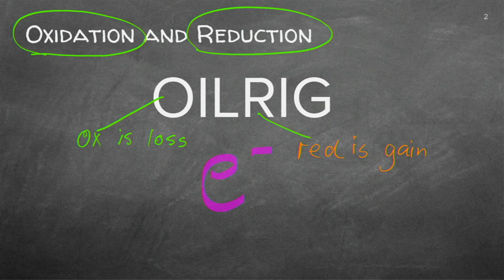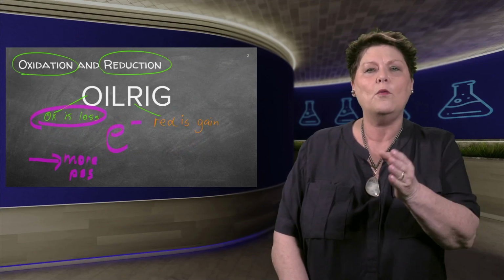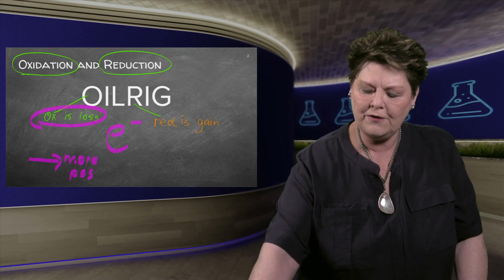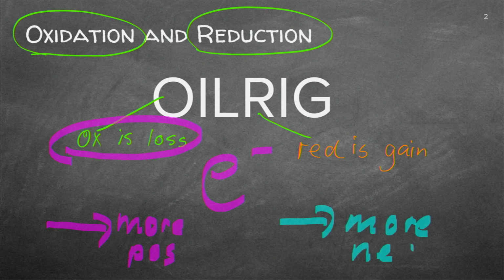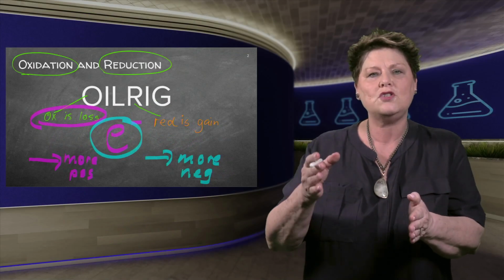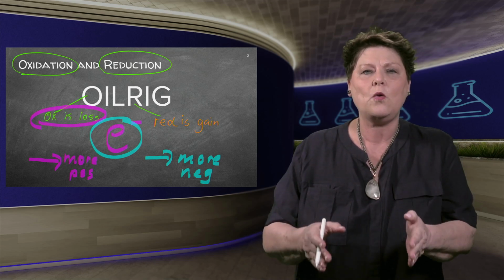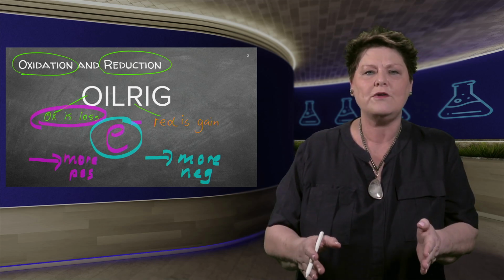So, if I've got a loss of electrons, I will become more positive. You will see when we do the reactions that it will become more positive, and if it gains electrons, it becomes more negative. So we've got the transfer of these electrons from the one substance to the other, and that we call oxidation and reduction.